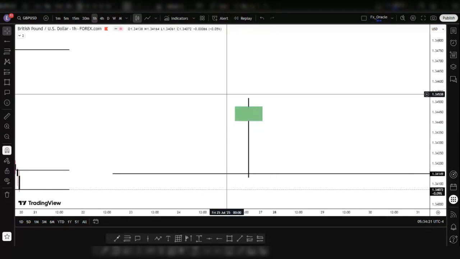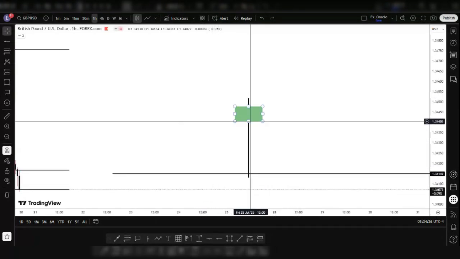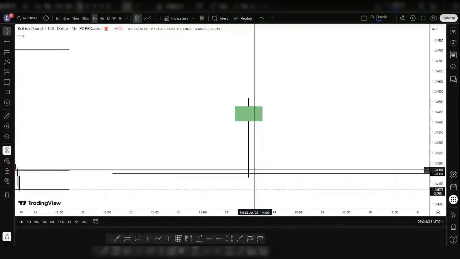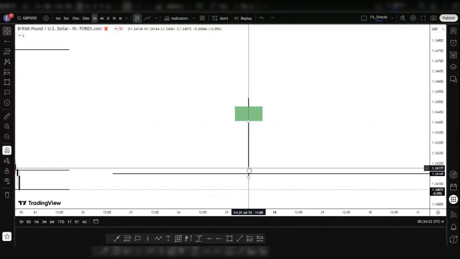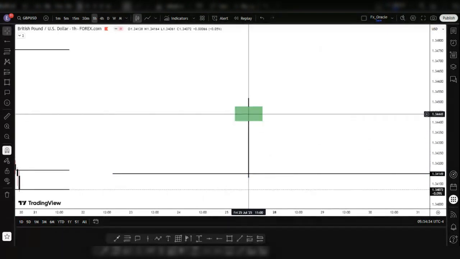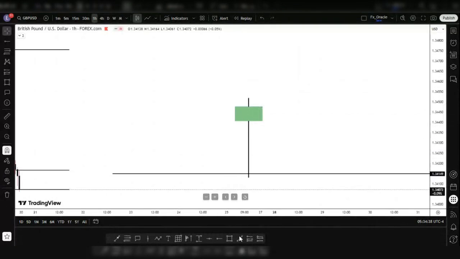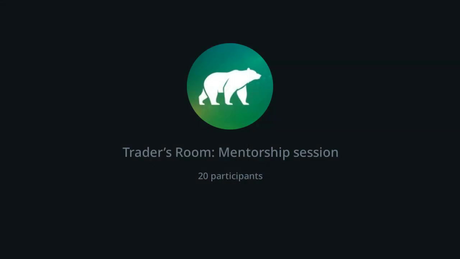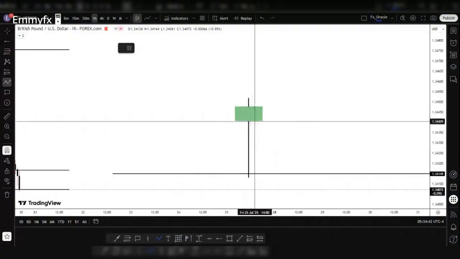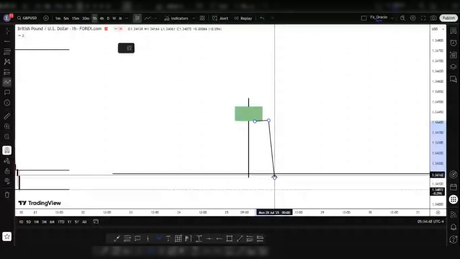Now, this pin bar, first of all, is telling you that we had sellers that pushed price down to this level, and all of a sudden, price rejected and closed back to the upside. So what does that mean? It simply means that the candle opens here, drops down to this level, and did what?